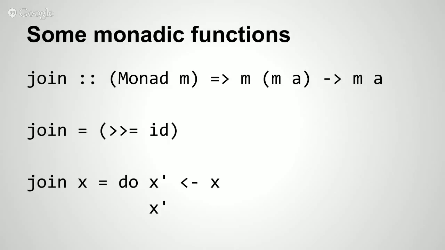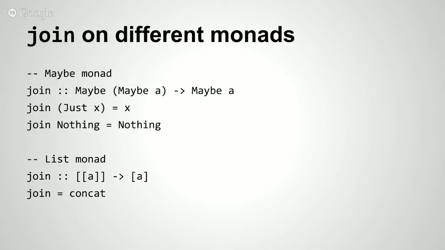One way to think of this is that an IO of IO event is equivalent to an IO event, because you're not getting more information by saying it does IO to produce the IO event. Join in the Maybe monad will take Nothing to Nothing, Just Nothing to Nothing, and Just Just x to Just x. So again, it's flattening a nested Maybe. And join on the list monad is just concat.